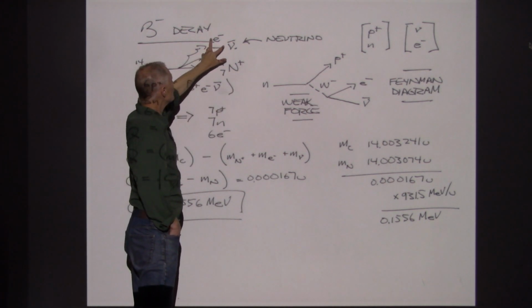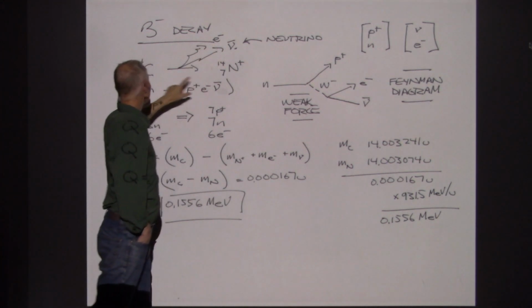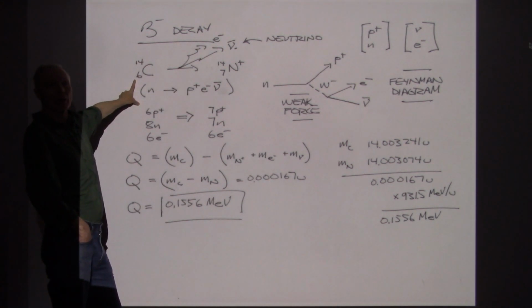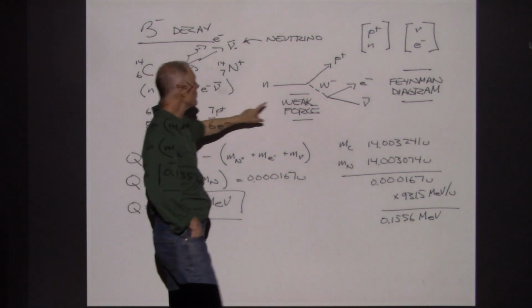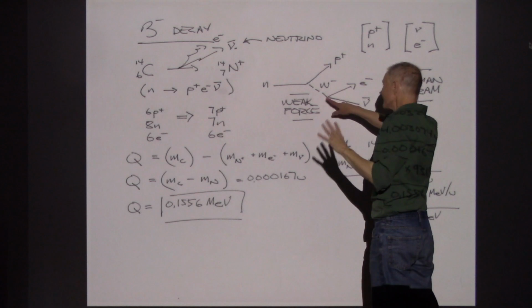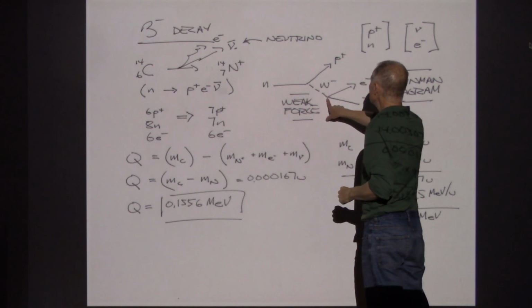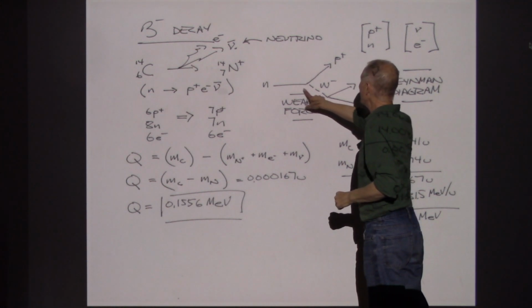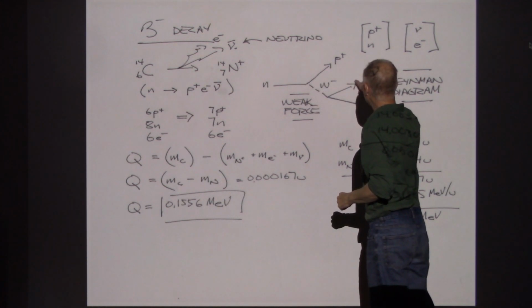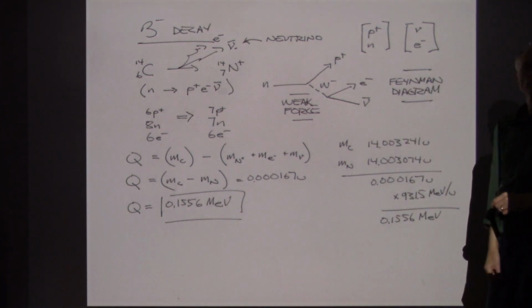Now at the same time, 2 new particles were formed. This electron is not one of the electrons that was in carbon. It came from this reaction right here. It's called the weak force that provides this reaction. This is due to a reaction where the neutron turned into a proton and then a particle-antiparticle pair were formed.